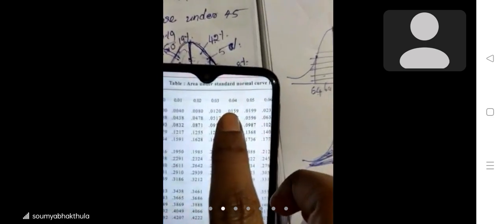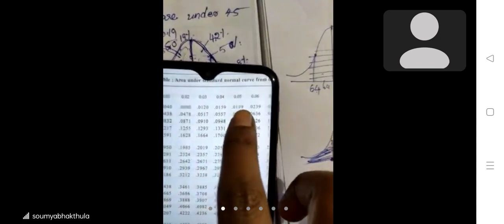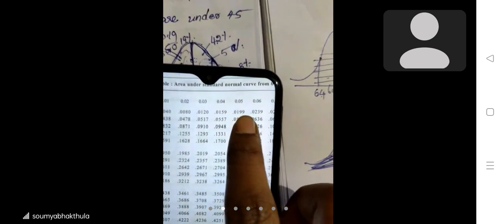Here we have, look at here. Here 159, right? Here we have 0.19. 0.05, that means 0.0 and 0.5. So that's why I'm taking this 0.5. And next, 0.42.